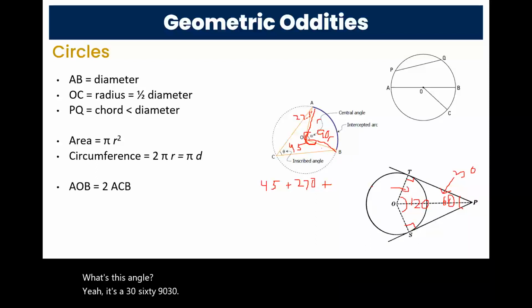Which tells me, if I know the radius is 5, what is my hypotenuse?